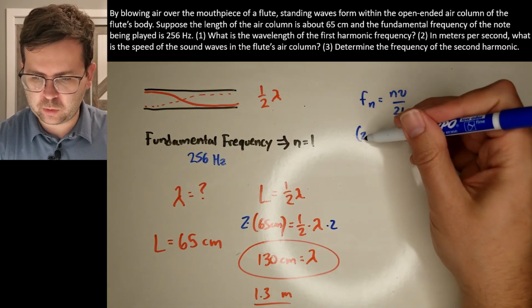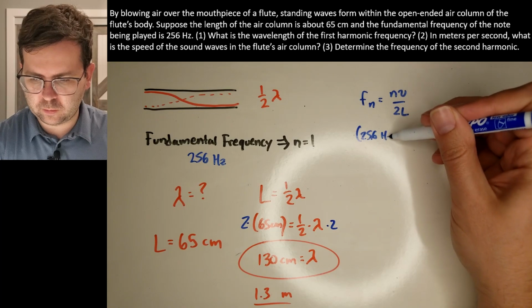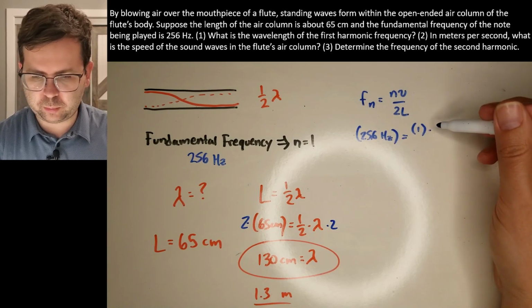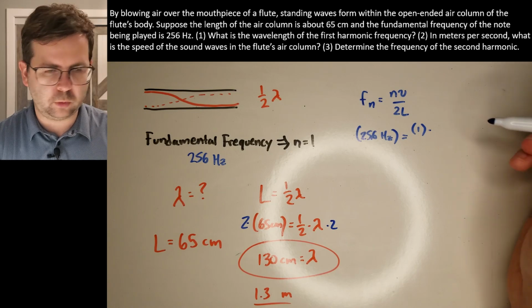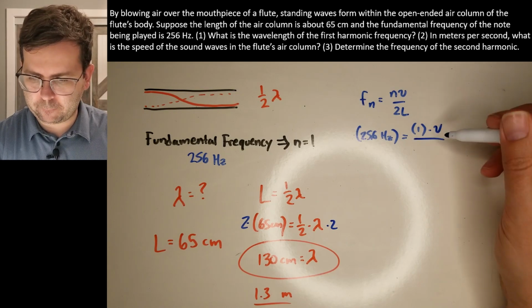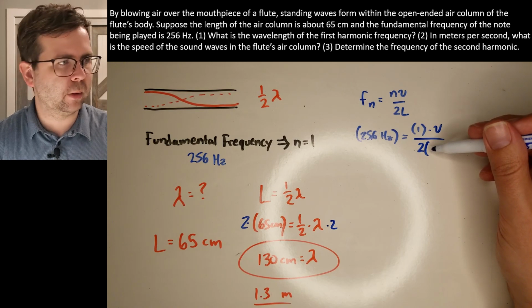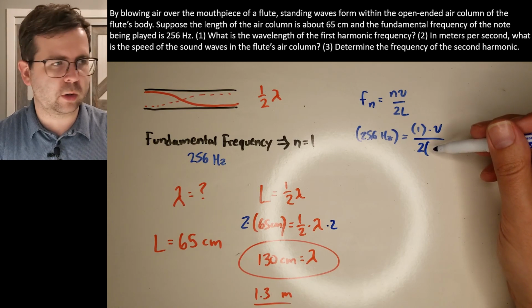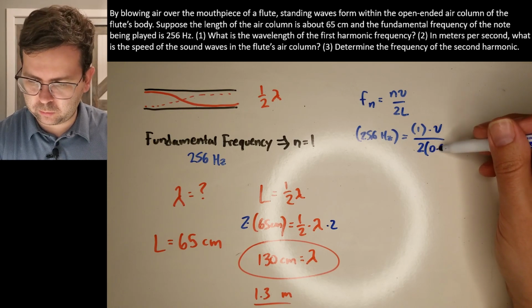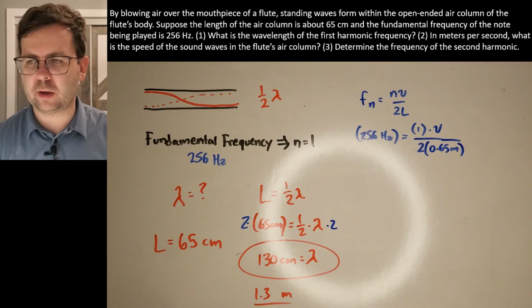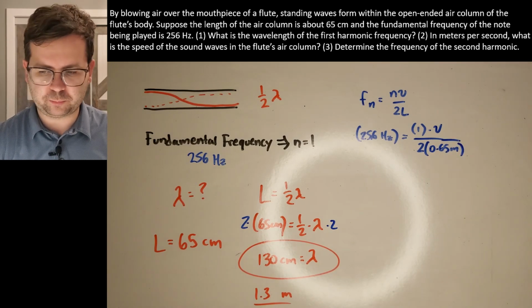So I'll put in 256 cycles per second. n equals 1. The speed is what we're looking for. And then divided by 2 times the length of the pipe, which in this case, we're going to convert to meters. So 0.65 meters instead of 65 centimeters.